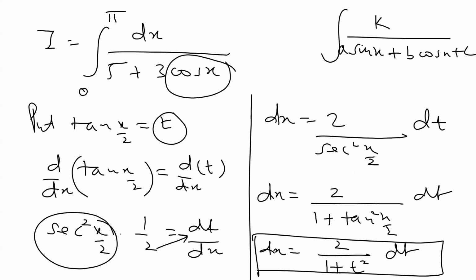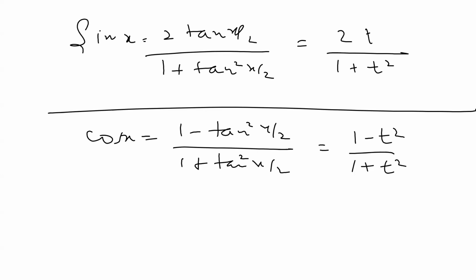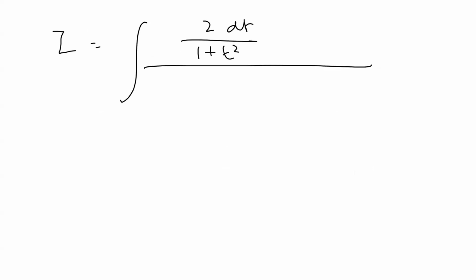So replace dx by 2 upon 1 plus t square, 2 dt upon 1 plus t square. That's the value of dx.